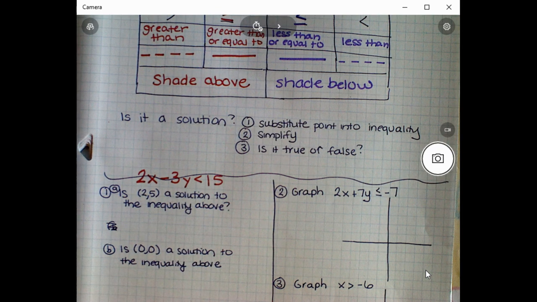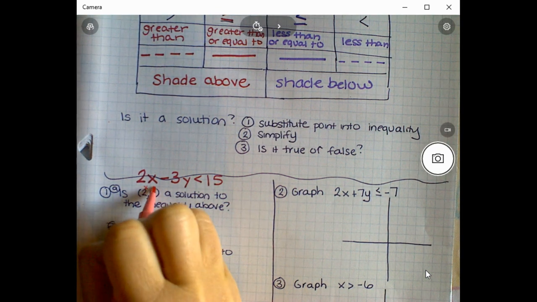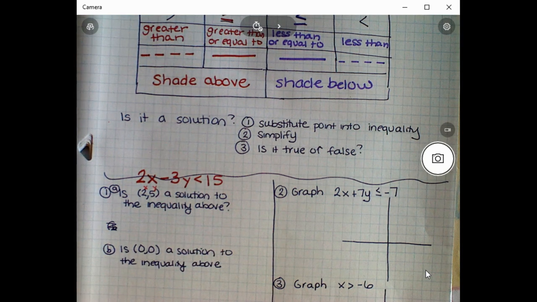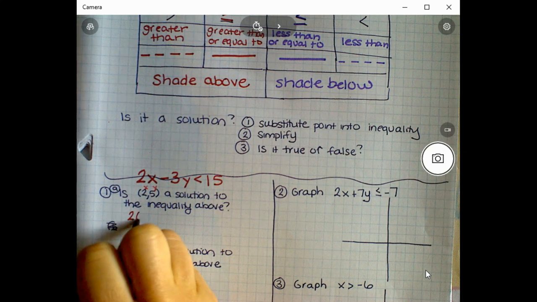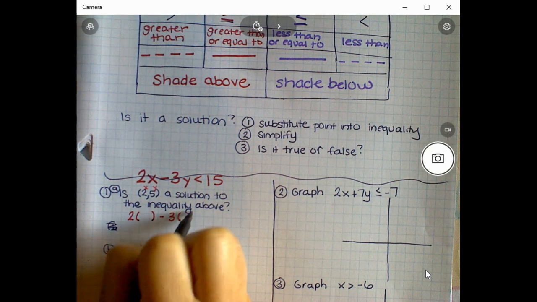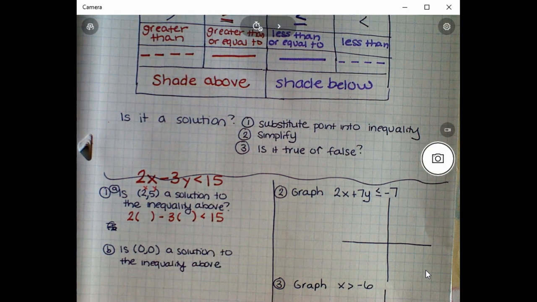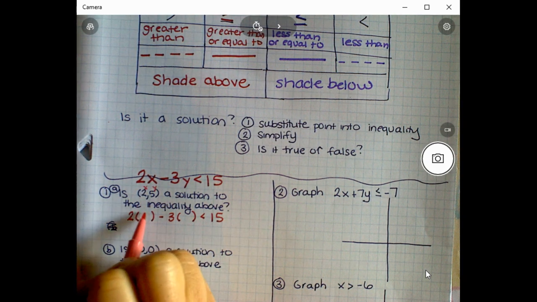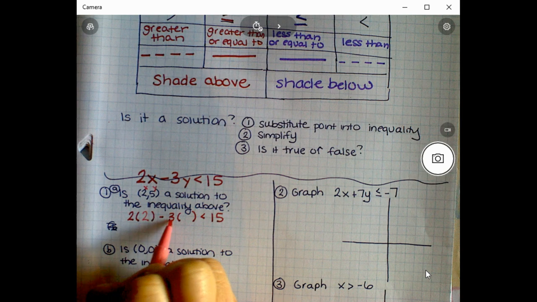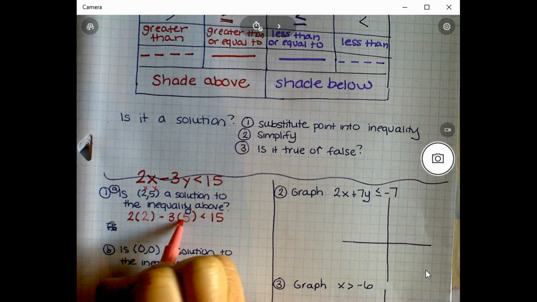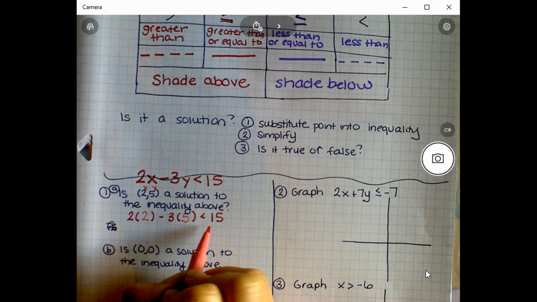Well, we know that 2 is the x and 5 is the y. So we're going to substitute that into the inequality. Remember, when we substitute, we stick the thing into parentheses. So 2 times x, now x is 2, minus 3 times y, now y is 5, is less than 15.